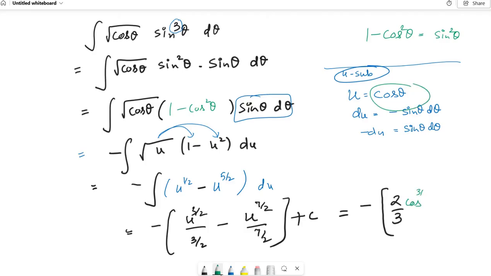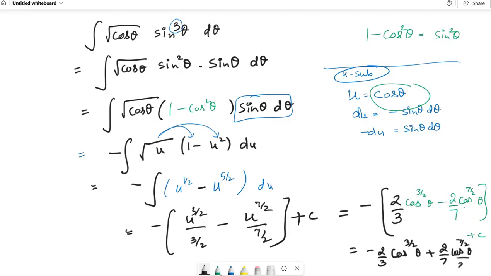Cosine to the power 3 by 2 minus 2 by 7 cosine to the power 7 by 2 theta plus c. And at the end you can adjust the negative inside. There's nothing in the denominator. Plus c.